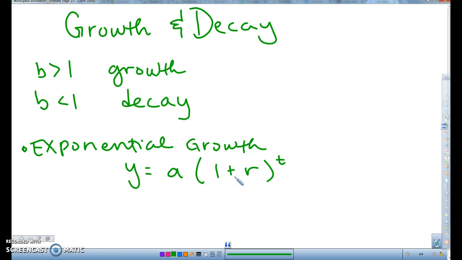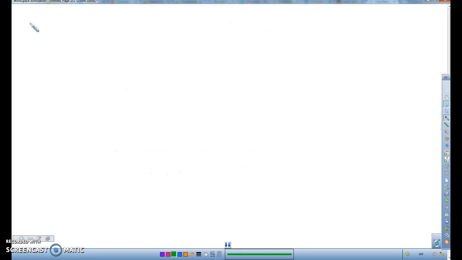And we see exponential growth a lot when we talk about interest rates and compounding interest. So when you're taking out a loan and you need to pay it back, what are those interest rates going to look like? So let's actually go ahead and start by talking about compound interest, and that will lead us into our example.